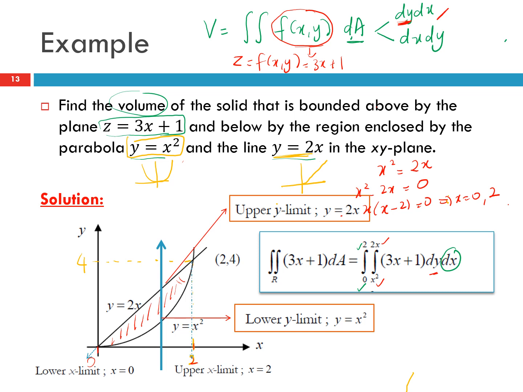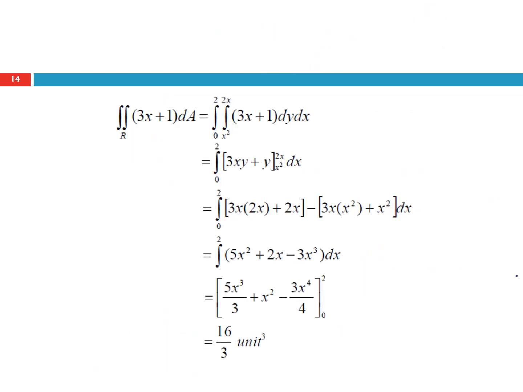Since the question asks you to find the volume of the solid, you need to solve the double integral. And this is the solution. You just integrate as usual. First you integrate with respect to y, and then substitute the values of upper and lower limit here. Then we have the function in terms of x only. Simplify it, and you have the new function which is all in terms of x.